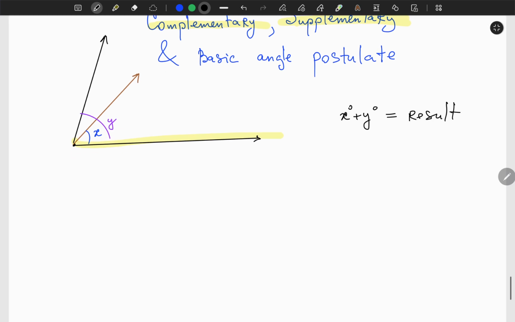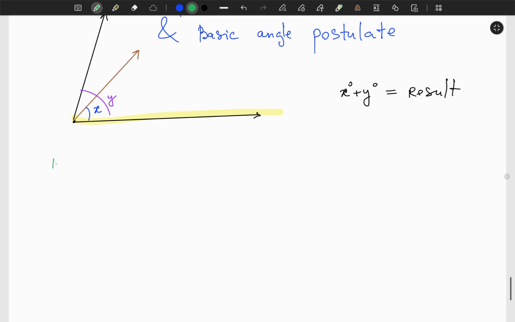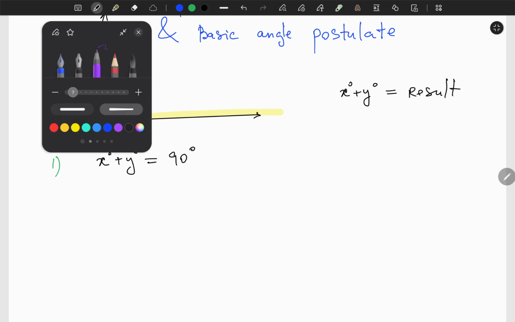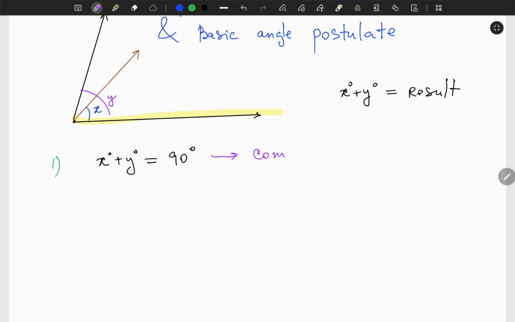First, if we add two angles and get 90 degrees, these two angles relate to each other and are complementary. We know how it looks: two lines that intersect each other, let it be line 1 and line 2.